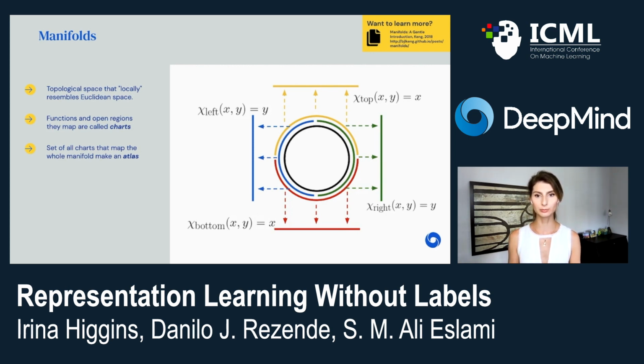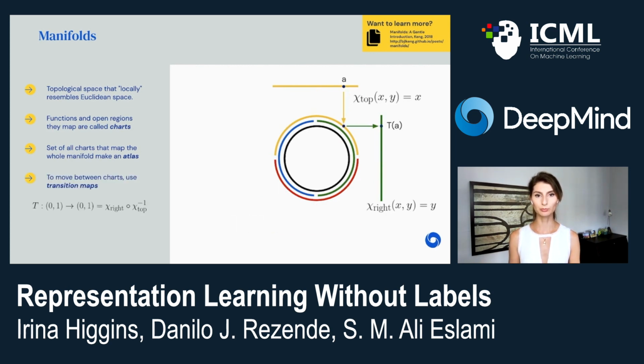These concepts should be pretty familiar intuitively if you have ever held a geographic atlas of the world in your hands, which is typically made up of many pages or charts that are flat 2D projections of different regions of the world. When we move between different pages of the geographical atlas, we know how they correspond to each other because of the small overlaps that exist between them.